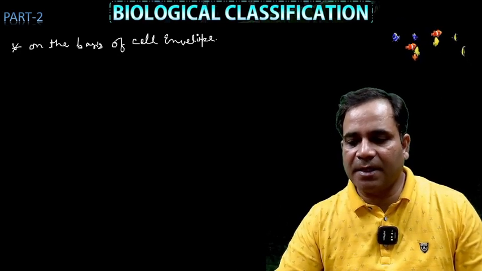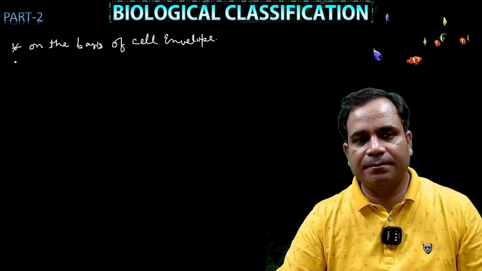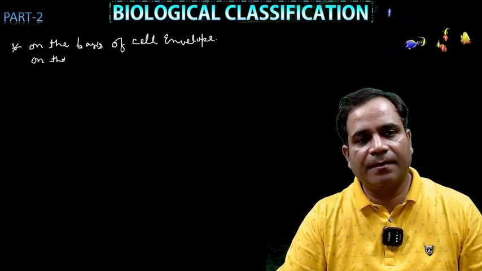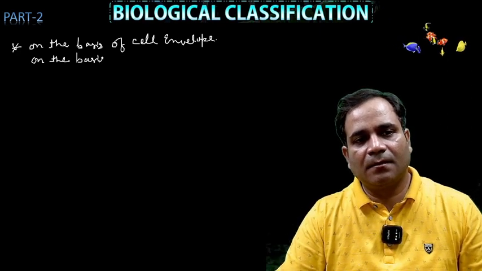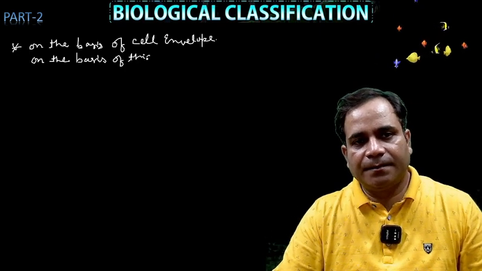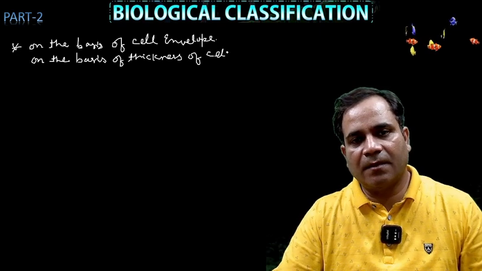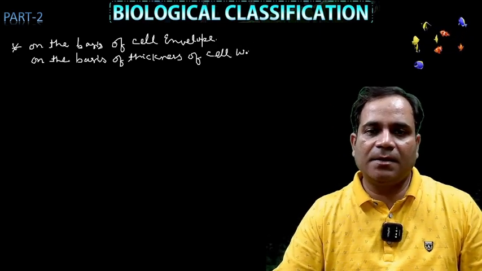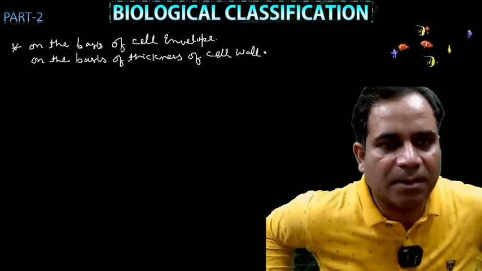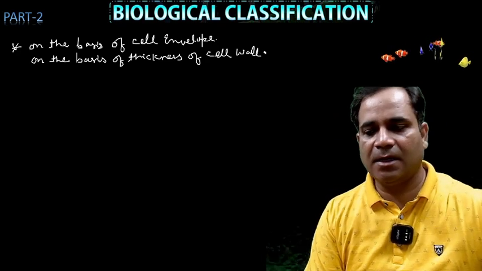So on the basis of thickness of cell envelope, number one, and second, on the basis of thickness of cell wall. I'm saying here, dear, we classify the bacteria in two ways: first on the basis of the cell envelope, then on the basis of the thickness of cell wall. Correct?